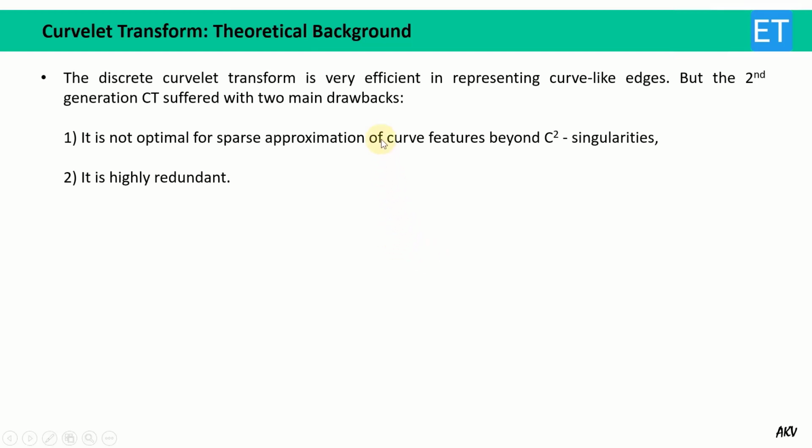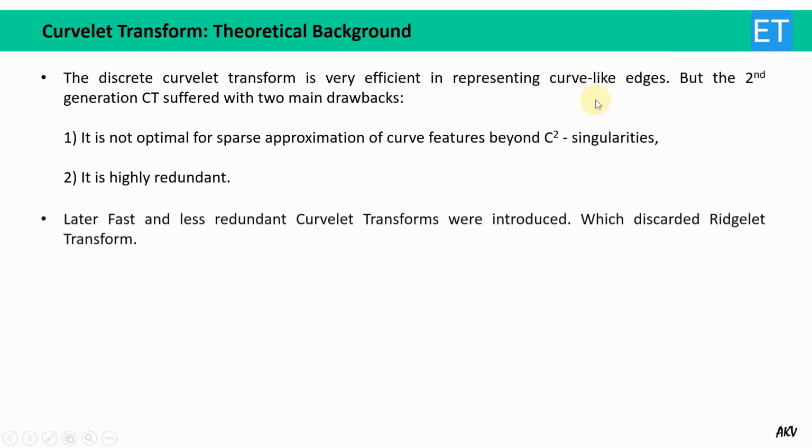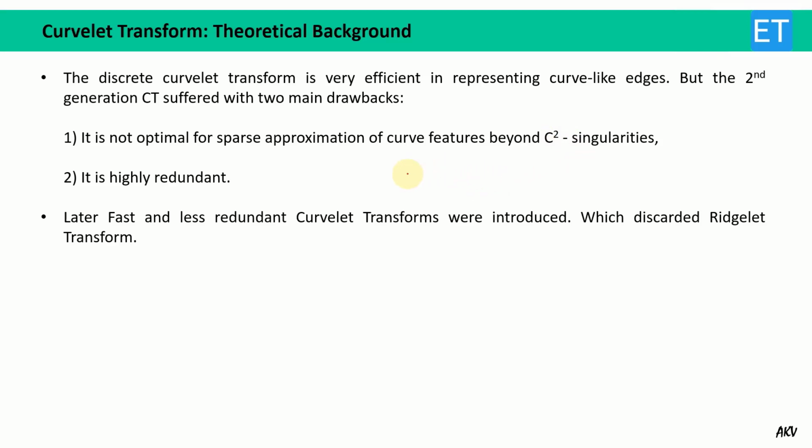The discrete Curvelet transform of this second generation, although it was good in representing curve-like singularities, suffered from two problems. The first is that it is not optimal for sparse approximation of curve features beyond C-squared singularities, and the second is that it is highly redundant, so it gives highly redundant output.